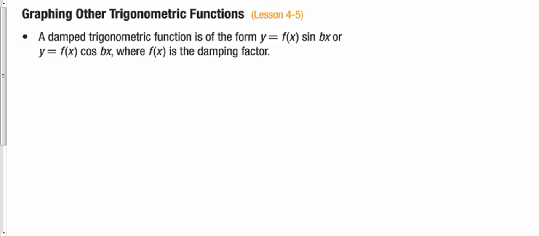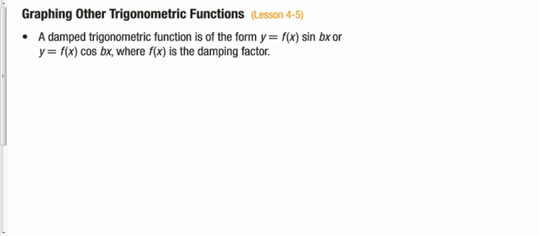All right, 4-5 was all about graphing our other trig functions. So instead of sine and cosine, we're now going to be graphing tangent, cotangent, secant, cosecant, and that's pretty much it.